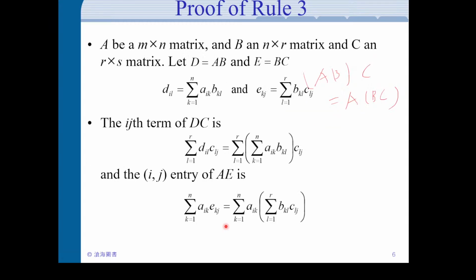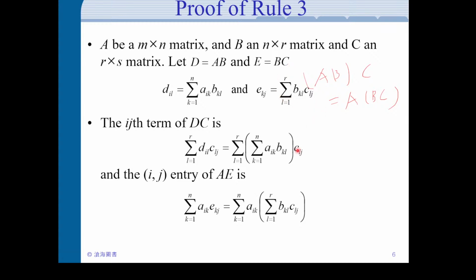And then we can do a bit of a harder rule. We can check the associative rule: AB times C equals A times BC. Once again, we name A times B and B times C. The il element of AB will be the sum of Aik times Bkl over k, and the kj element of BC will be the sum of Bkl times Clj over l.